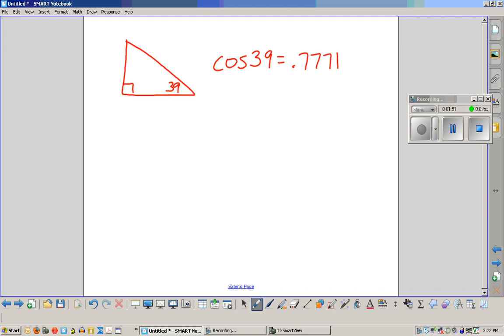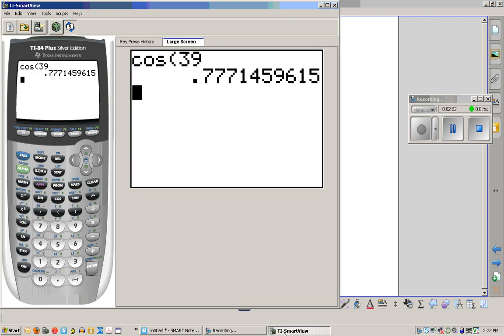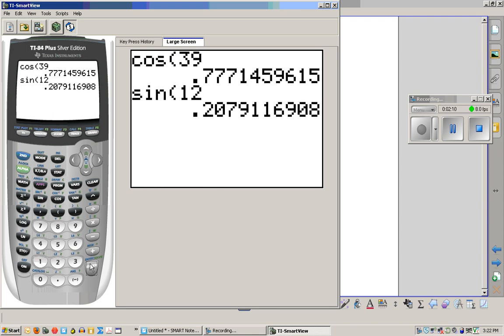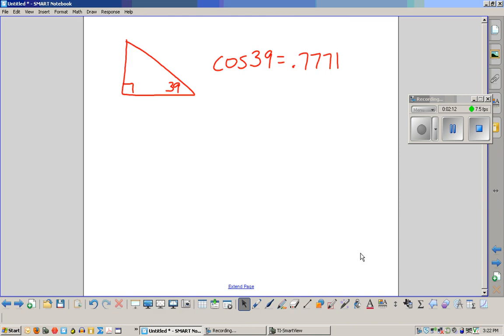And even if you don't have a graphing calculator, any scientific calculator will allow you to do these trig ratios. And we also have trig tables in our textbook that we can look at. So let's try doing the sine of 12. Okay, so the sine of 12, we just type it in, and we get 0.2079. So we could write the sine of 12 equals 0.2079.